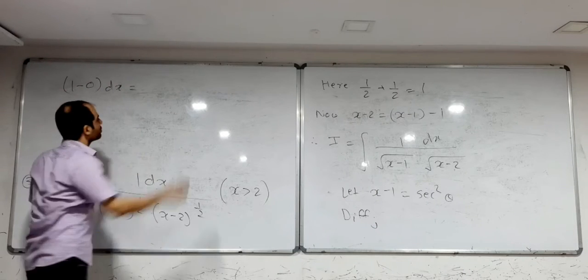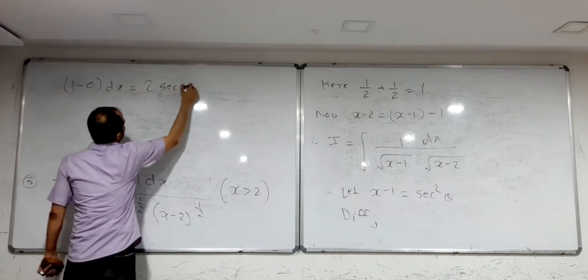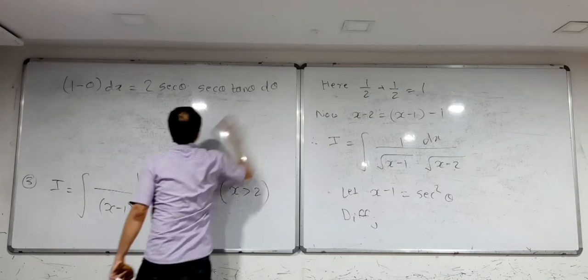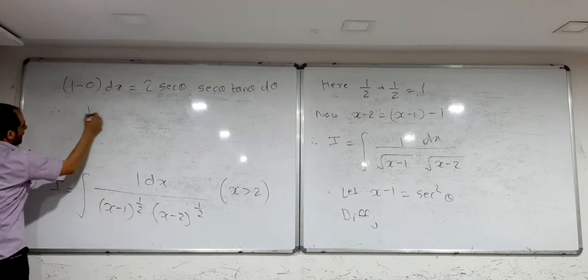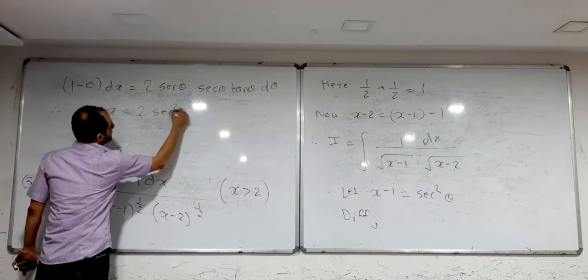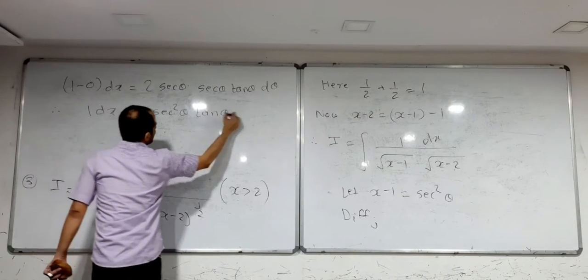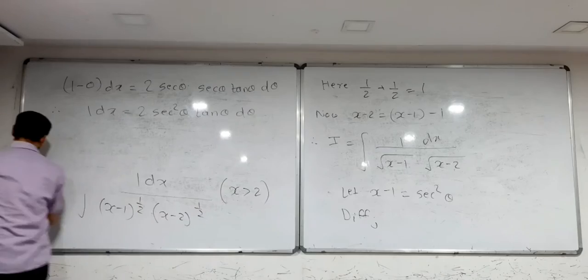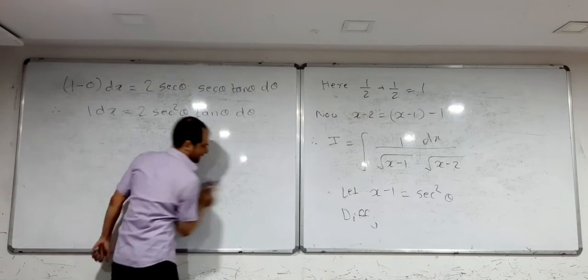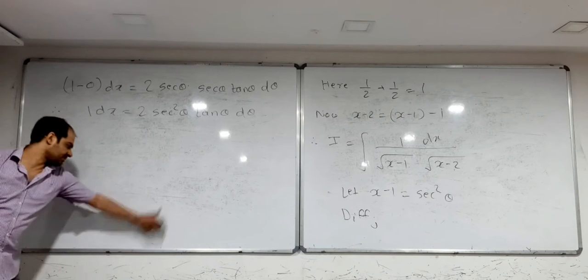So 2 times sec theta into derivative of sec theta is sec theta tan theta, d theta. So dx कितना है? So 1 dx न्यूमरेटर में है, 1 dx वो हो गया 2 sec square theta tan theta d theta. Very clear. और this is a very nice question जो आ चुका है काफी बार.